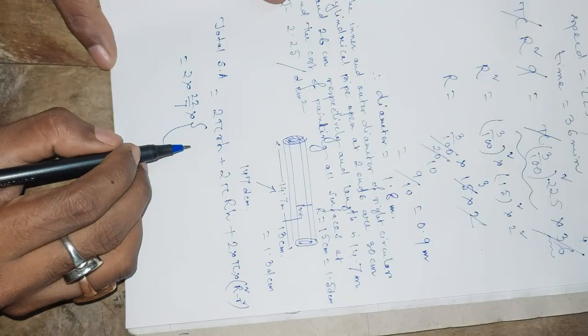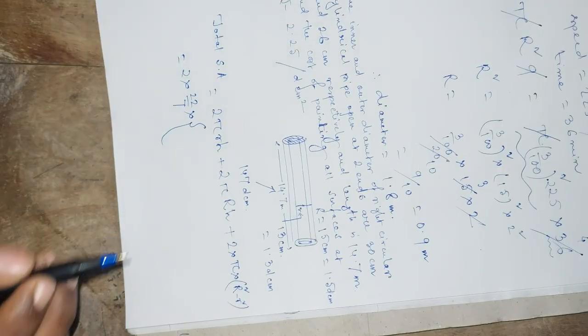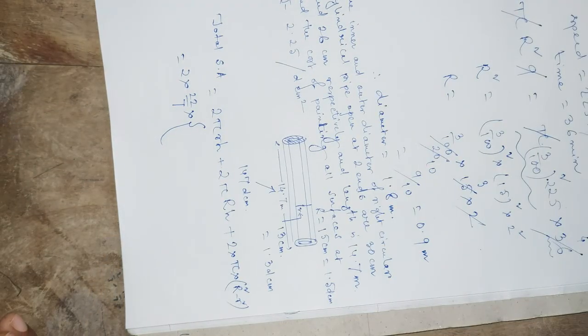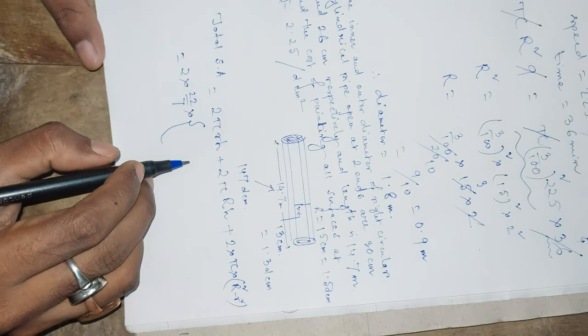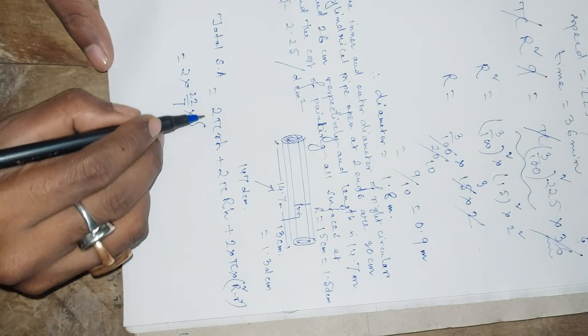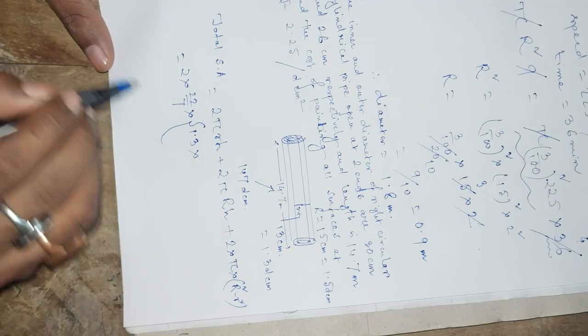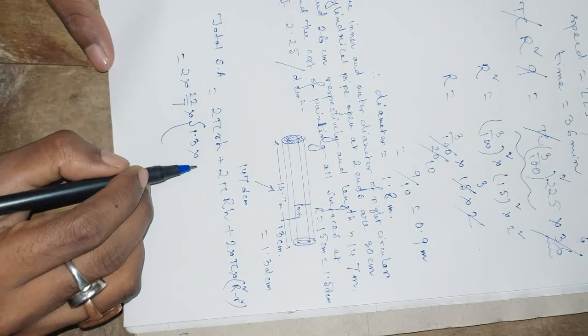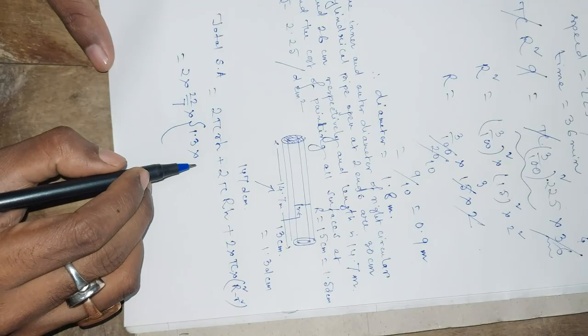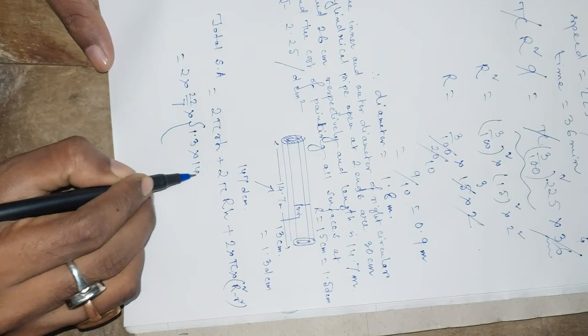So our small r is 1.3 into h, which is 147.